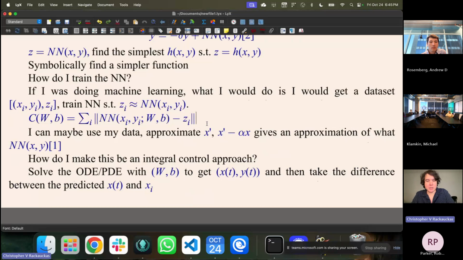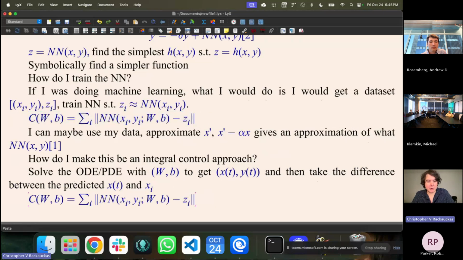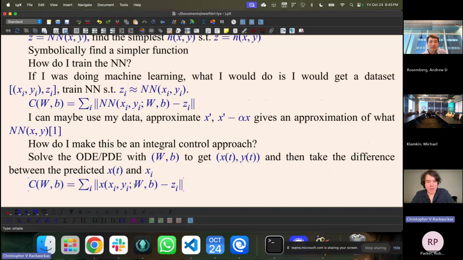So now your new cost function is to not take the neural network, but you actually take the x of t, which is given to you by the weights of the neural network, right?